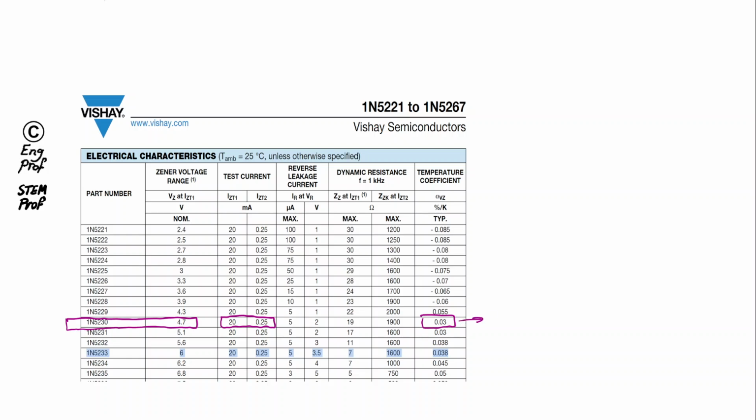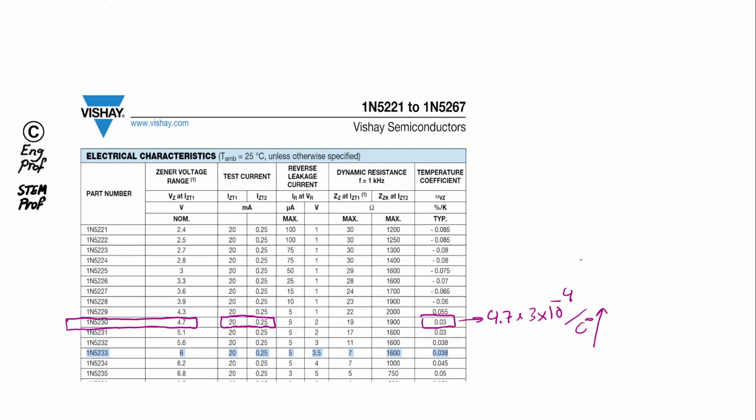0.03%. So this means that every degree C, if the nominal voltage is 4.7, the change in the nominal voltage of 4.7 for the Zener diode would be on the order of 3 times 10 to the power minus 4, per degree C. So every degree C, this is the amount that we will see a change, and it's a positive temperature coefficient, so it means that every degree C increase corresponds to this amount of increase in the Zener diode voltage.